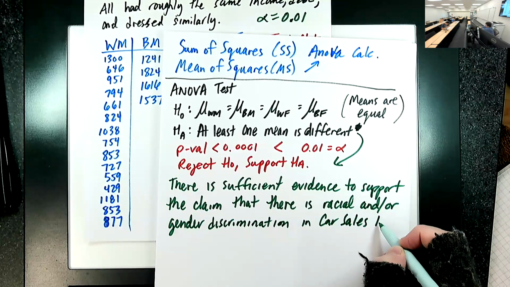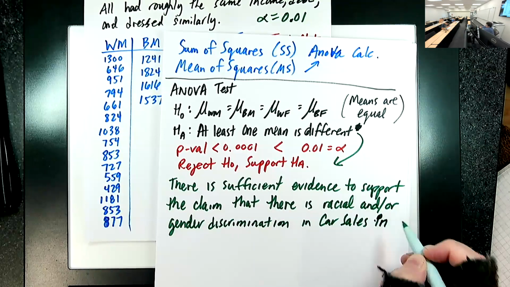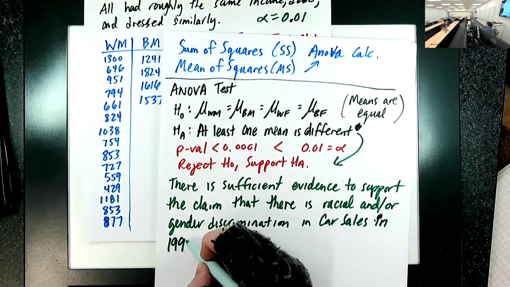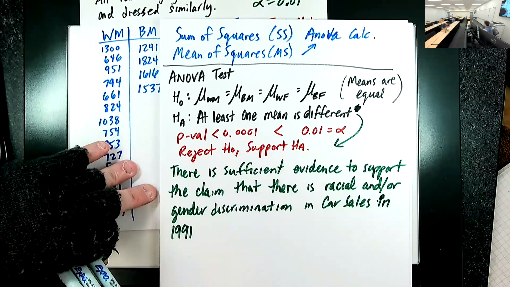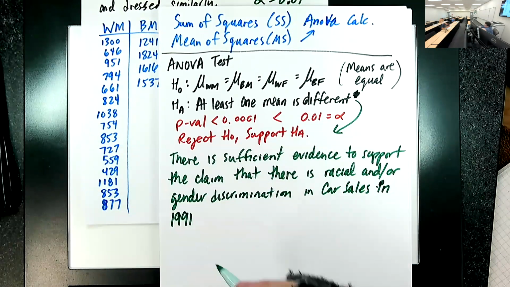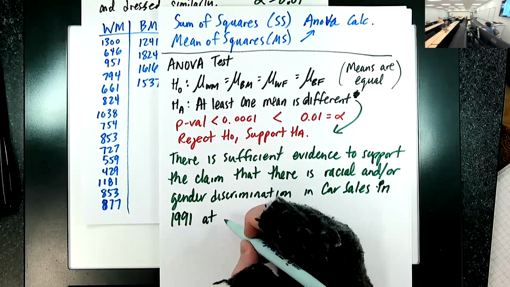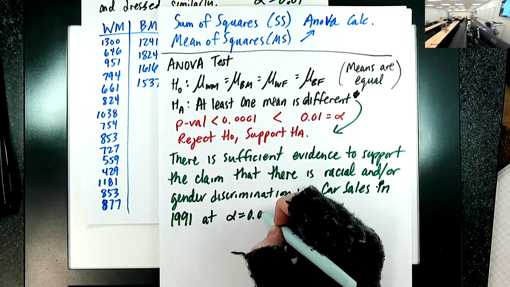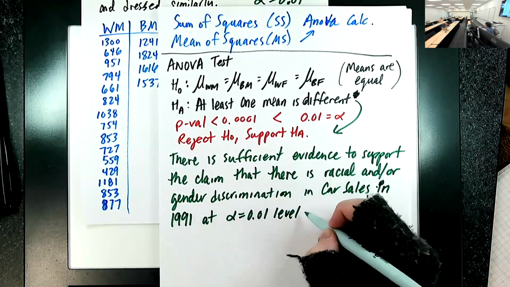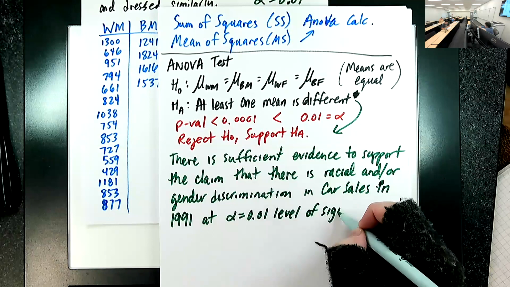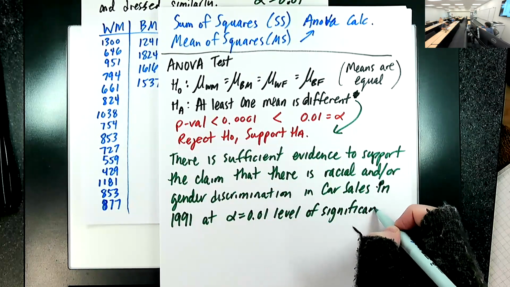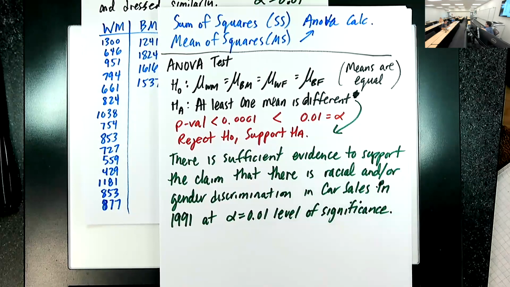And I'm going to throw in 1991, because while I assume it still exists, I don't know that for certain. And we will say at alpha equals 0.01 level of significance. Should we also put, during the final, at alpha equals whatever level? You don't have to add that last part, but it's good practice.